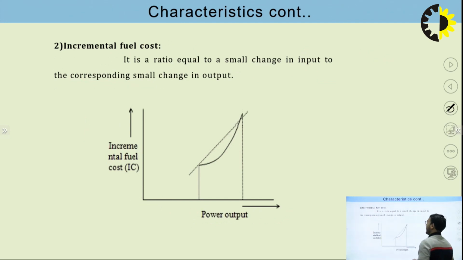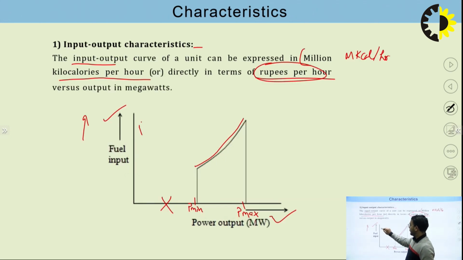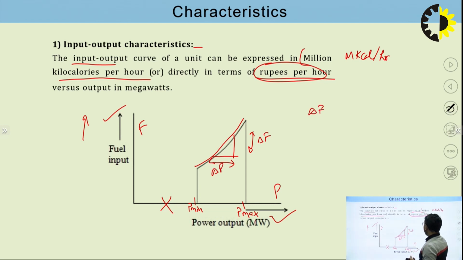The second one is incremental fuel cost. So what is incremental fuel cost? See, you have this one. This is fuel and this is P. If you have this segment, you can see that this one is delta F and this one is delta P. So delta F upon delta P, what will you get? Delta F upon delta P is basically the slope of this line, right?